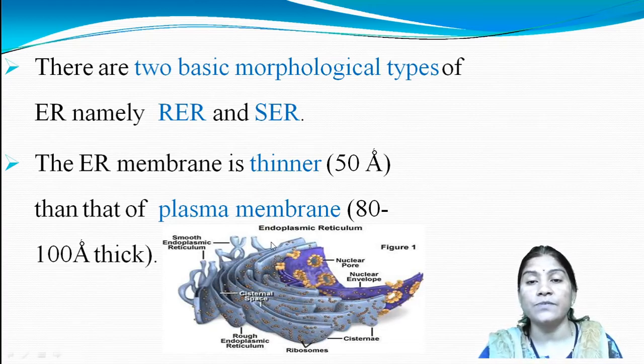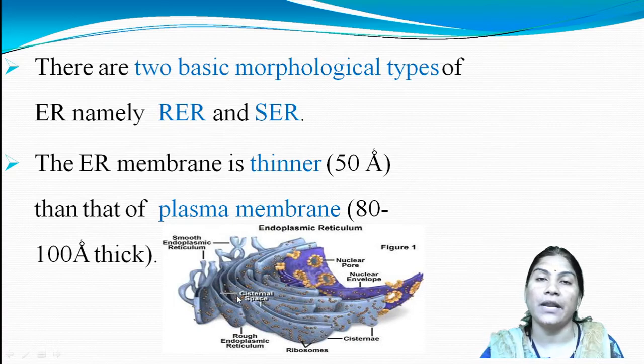We know that the nucleus is the central core part of the cell which controls all the activities of the cell. This endoplasmic reticulum is located from the outer membrane of the nuclear envelope to the inner membrane of the plasma membrane.